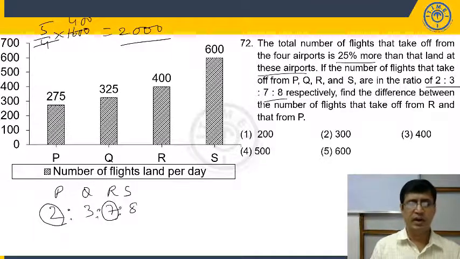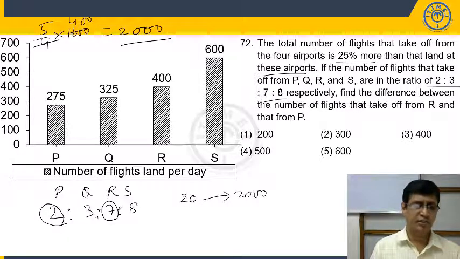What we need to find? The difference between P and R. The ratio of PQRS is given 2:3:7:8. The difference in the ratio means just observe the difference in P and R. Total parts, if you observe, 7 plus 3 is 10, 2 plus 8 is 10, 10 plus 10 is 20 parts. The 20 parts is equal to 2000.